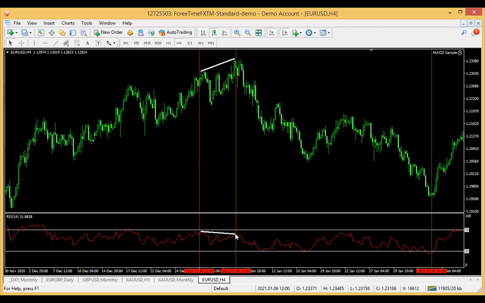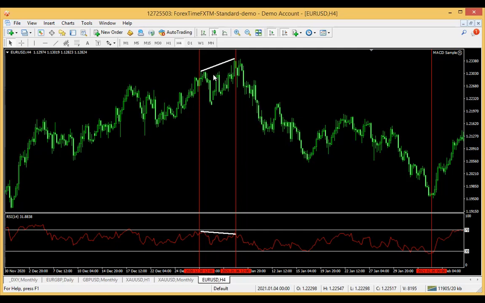So if you are not using this kind of strategy, with time we will talk about regular divergence and hidden divergence, but I'm just telling you that apart from market touching overbought level and oversold level, you can also use RSI as an indicator that helps you to detect when the market wants to make a final reverse.